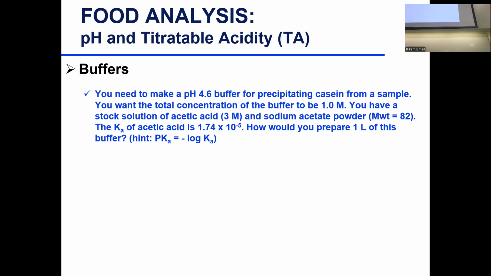All right, and then you said, Sophie, is the Henderson-Hasselbalch equation. So pH equals my pKa that I just calculated plus log of the concentration of my conjugate base over the concentration of my acid.